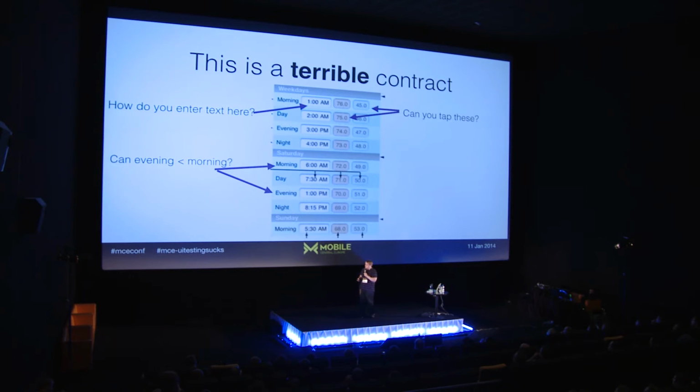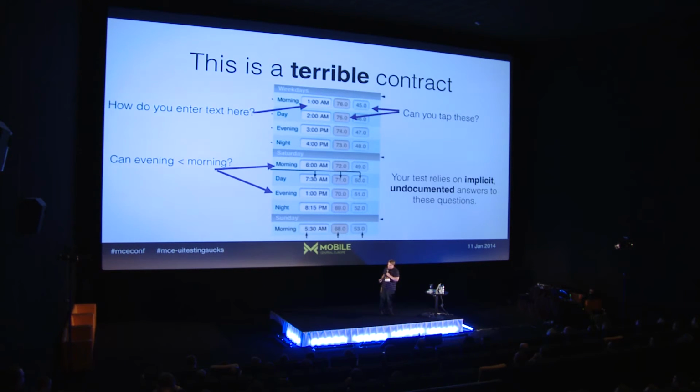As a human, we look at this screen and we say, well, morning, day, evening, I understand what those words mean, and all the times are in order. But if you're an automated testing framework, it's not really clear what should happen here. It's not really clear whether or not the data that you're trying to enter is legal. And so it's very difficult to solve these from a library perspective, right? You can only solve it from an application level perspective.